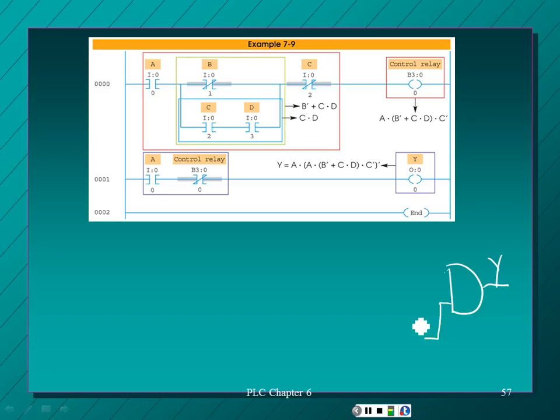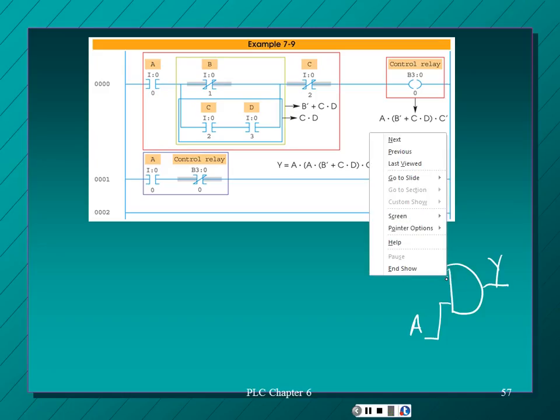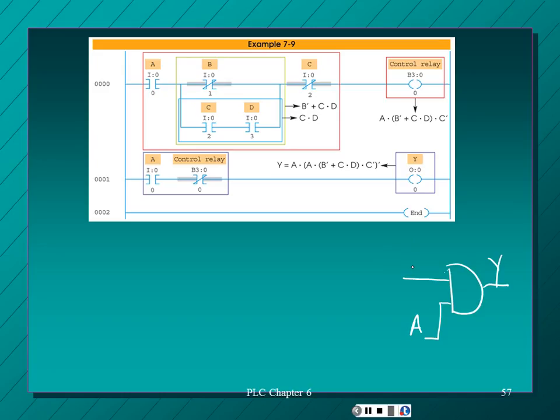Yes. All right, so here's A. The top one is a normally closed, so it gets an inverter. Yes. So this inverter right here is the control relay.